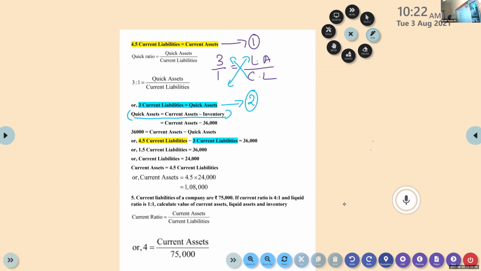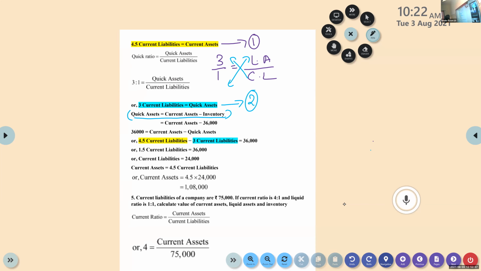So here we have current assets and quick assets. Now from equation number 1 and 2, we are going to substitute current asset and quick asset. According to equation number 1, current asset is equal to 4.5 current liability.